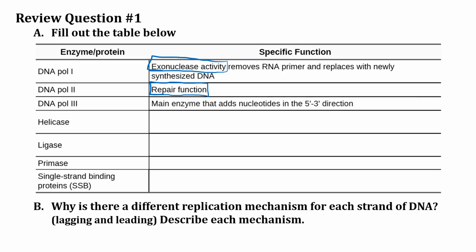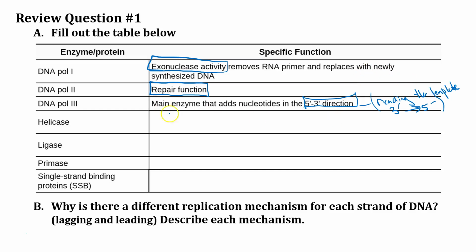And then DNA polymerase 3 is the main one that's going to add new nucleotides to a template strand, and when it's building, the new strand is constructed in the 5' to 3' direction. Keep in mind, this is a place where people can get confused. It's going to be reading the template strand from 3' to 5'.